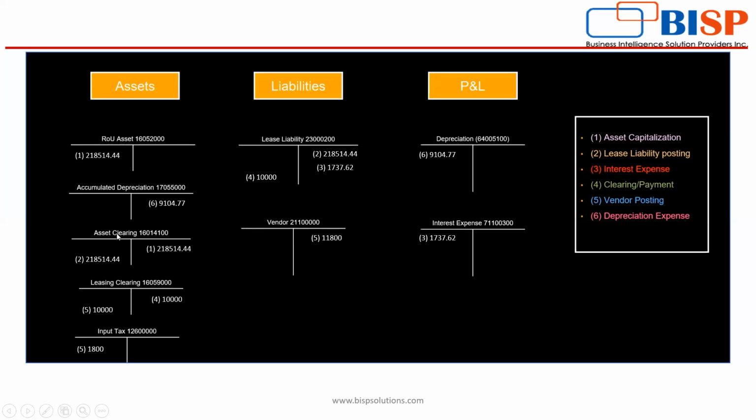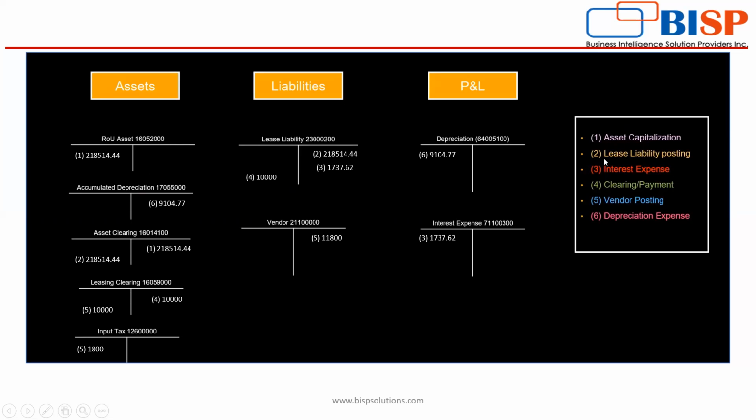Now the clearing account we maintain for SAP, but in reality what we do is debit the asset account and credit the lease liability account. This asset is debited with the present value of the lease payments over the period we are making.